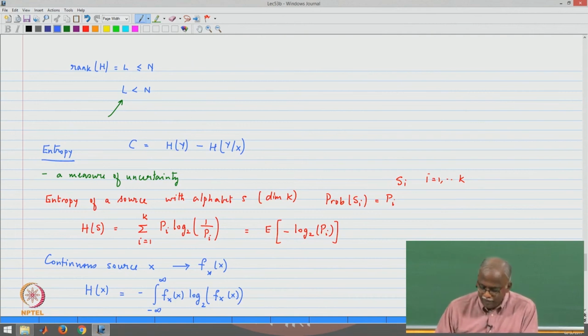Very important that we include the dx. So, this would be our expression for the entropy of a continuous source.